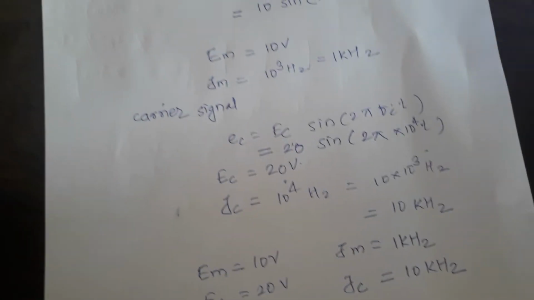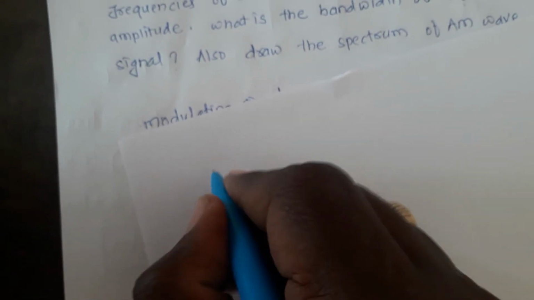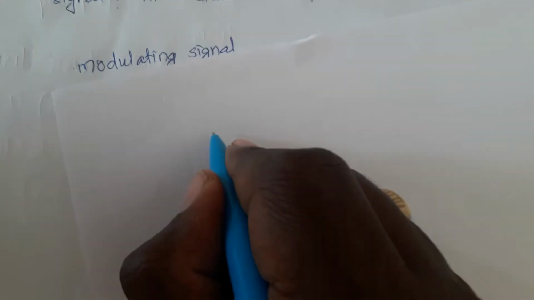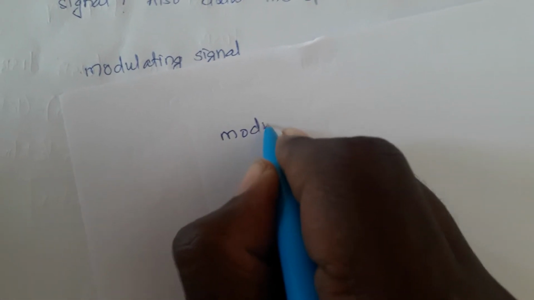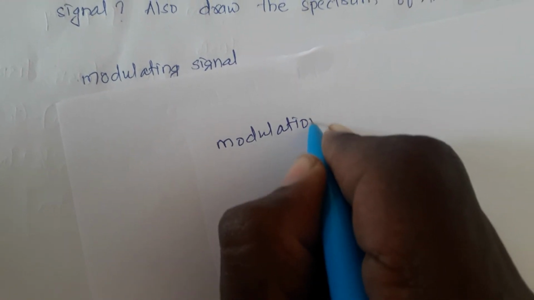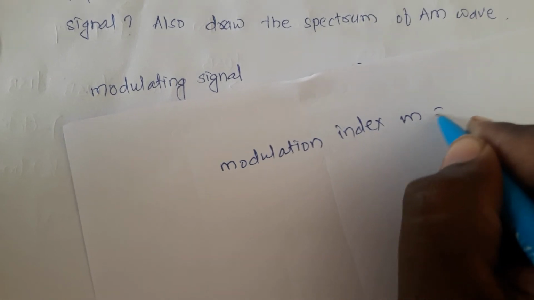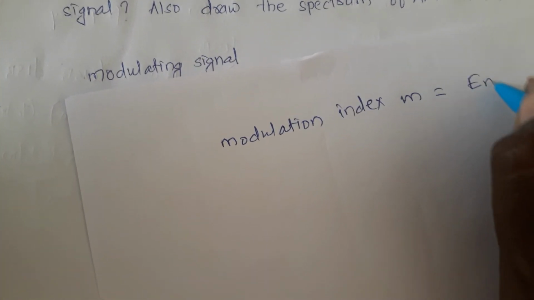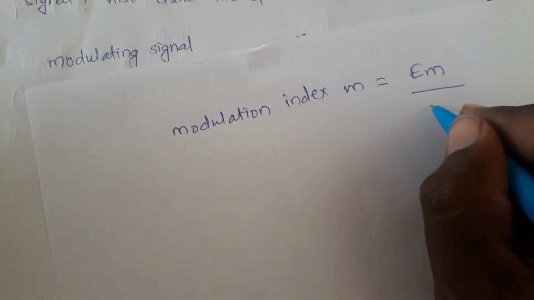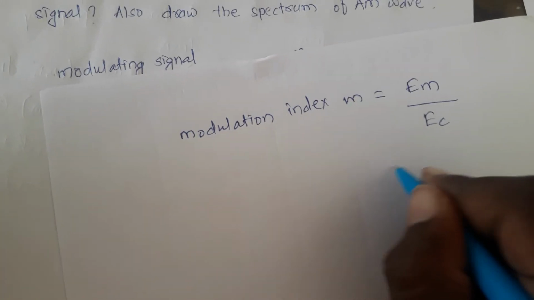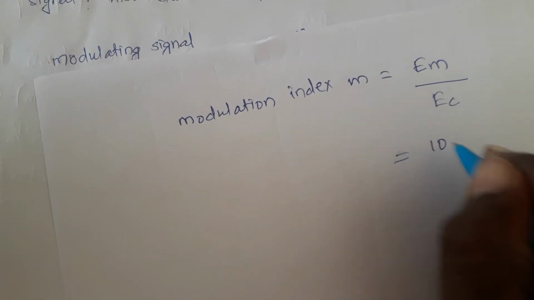Now according to this data, first of all we will calculate the modulation index. The formula for modulation index m is equal to Em divided by Ec. We know the value of Em, it is 10 volt.